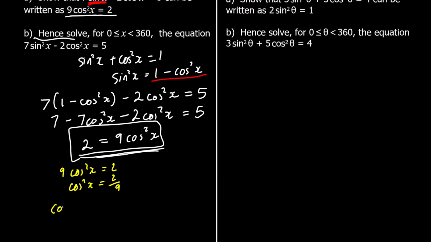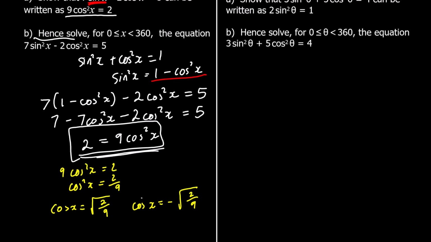So we can say cos x is the positive square root of 2/9. So it's plus or minus, or cos x is a negative square root of 2/9. So we're going to get two sets of answers this time. So cos x is plus or minus the square root of 2/9.